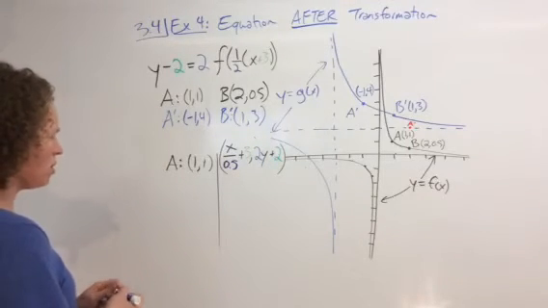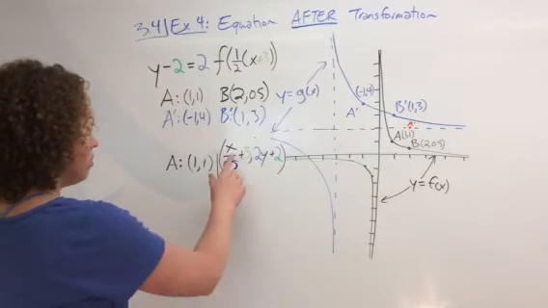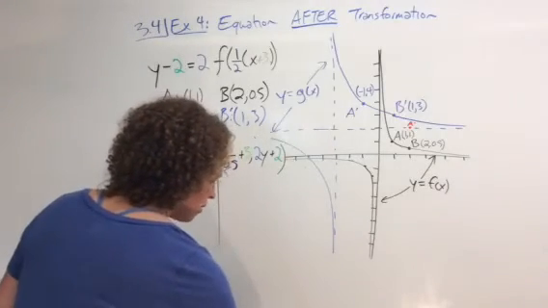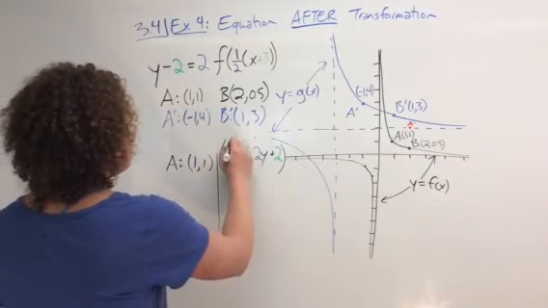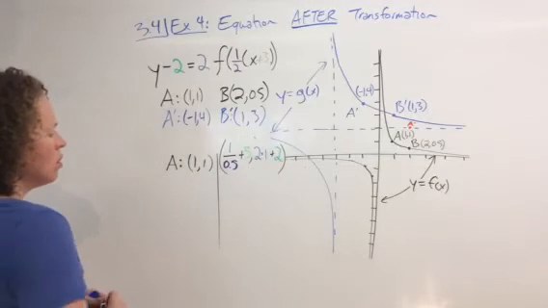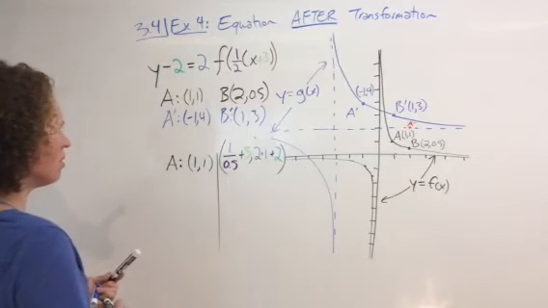So now I'm going to just go and I'm going to actually substitute in here my 1 and my 1. One divided by 0.5 is 2, plus 3.